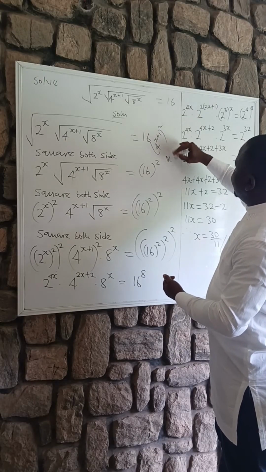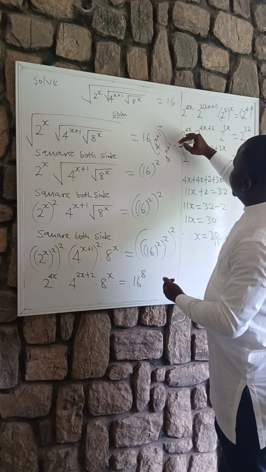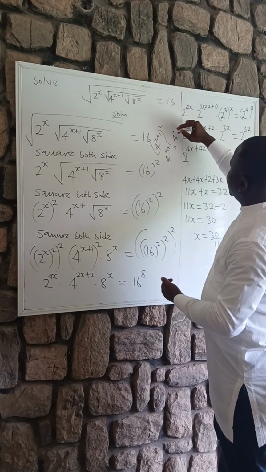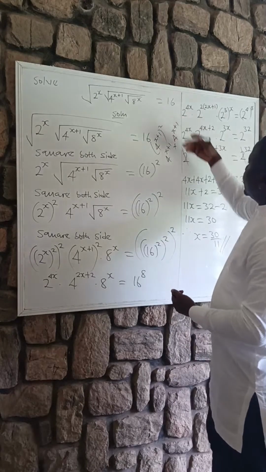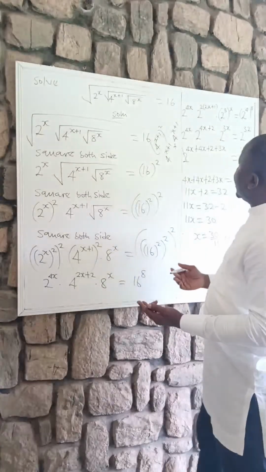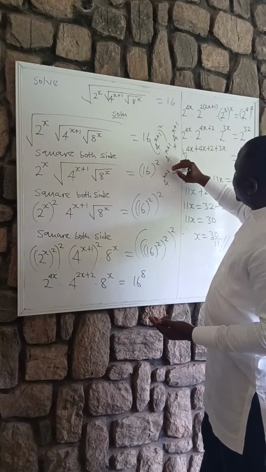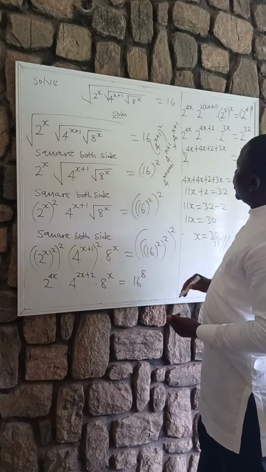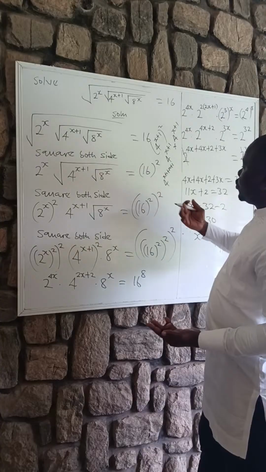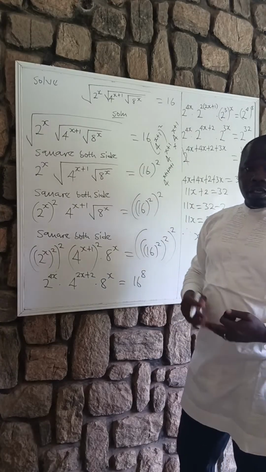So this is the same thing as 4 raised to the power of x plus 1 times 4 raised to the power of x plus 1. What we need to do is to add the powers. So here will be 4 raised to the power of x plus 1 plus x plus 1, so this plus this is 2x plus this is 2.